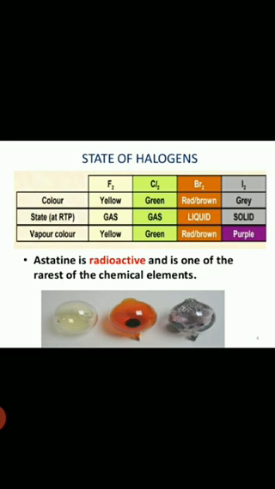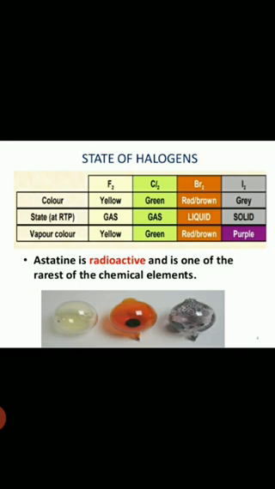So fluorine, chlorine, bromine and iodine exist as diatomic molecules. The color of fluorine is yellow. At room temperature and normal pressure, it will be in the gaseous state. Chlorine will also be gaseous. Bromine is a red-brown colored liquid, and students, iodine is a gray solid.